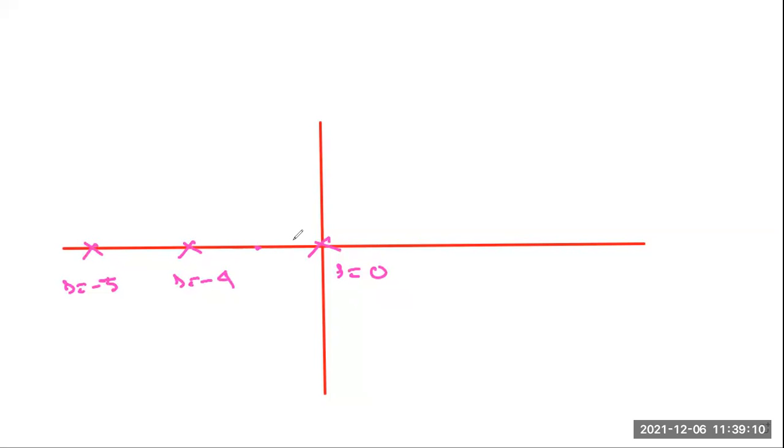What will be your answer? How to calculate? We take any point, and if the number of poles plus zeros to the right of this particular point is odd, then the root locus will exist.